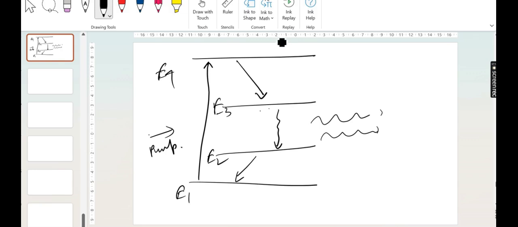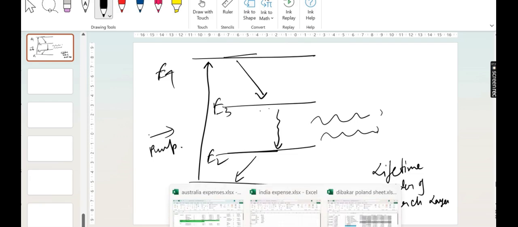The lifetime order of each level is important. So E4 and E2 have the lowest lifetime.